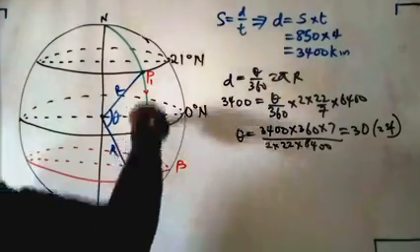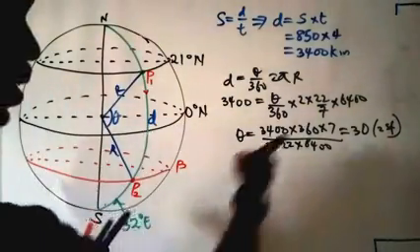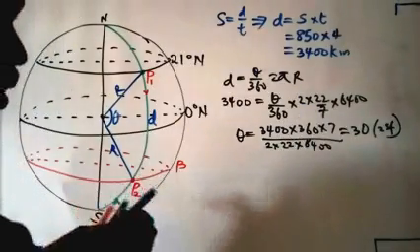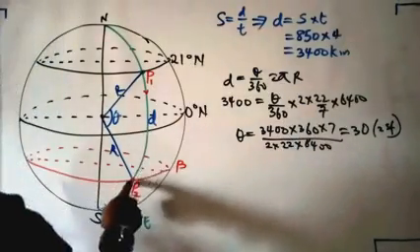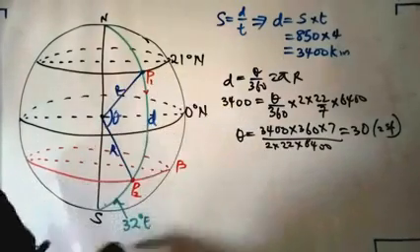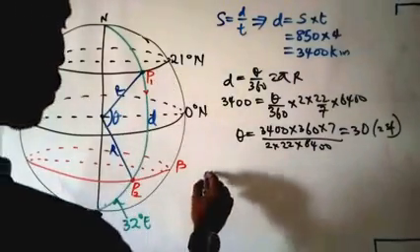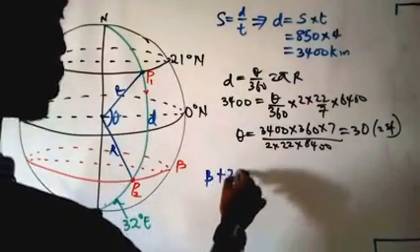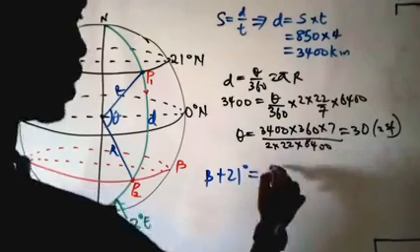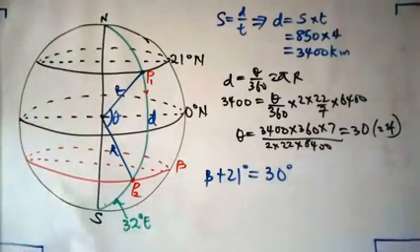So that means it's now in the southern. Because it's now in the southern, it's more than this. That simply means that I'm supposed to add this and this to get the theta. I'm supposed to add this and this to get the theta, which means it's supposed to be beta plus 21 to give me 30 degrees. Do you understand what I'm saying?